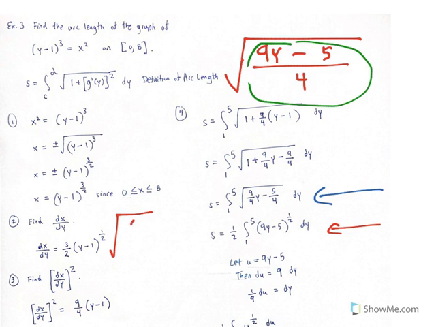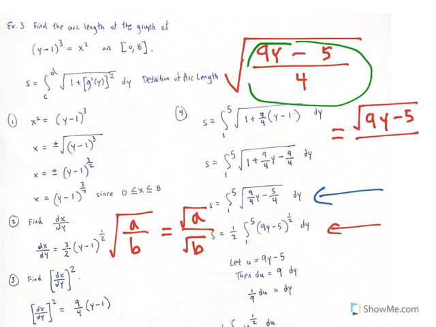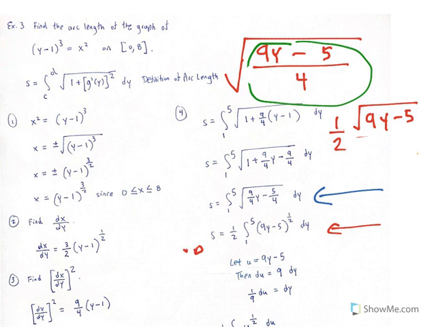And you're going to use this property of nth roots: if you have the nth root of a quotient, you can write that as a quotient of the nth roots. So now you're going to write this as the square root of 9y minus 5 over the square root of 4. And of course, the square root of 4 is just 2. So you can write this as 1/2 times the square root of 9y minus 5. And that's what I've done.